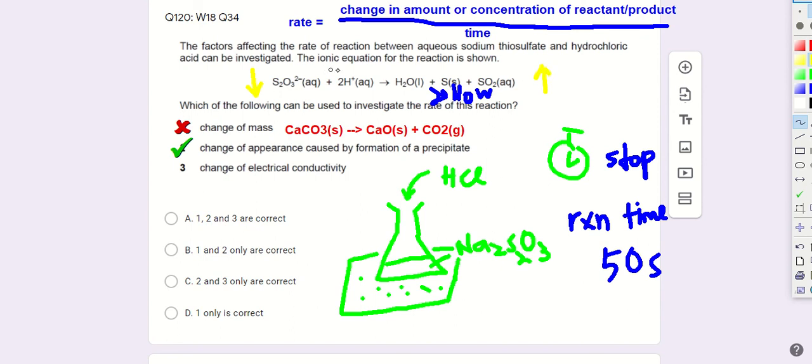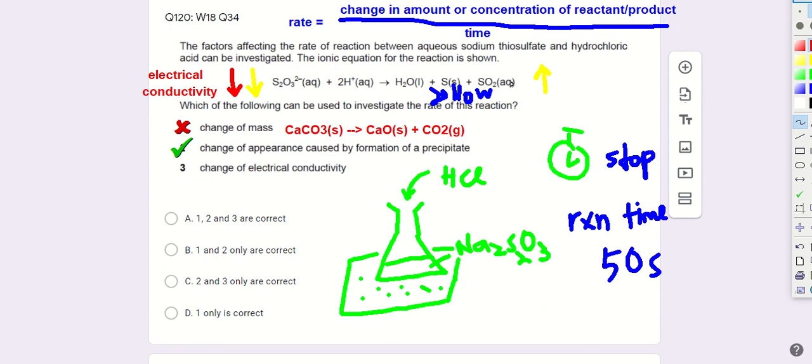This one decreases, so electrical conductivity also decreases. Here, the amount of products will increase.